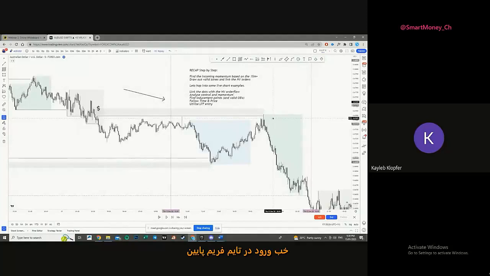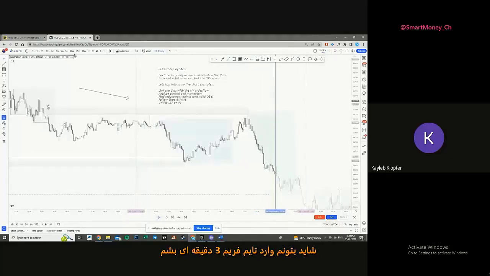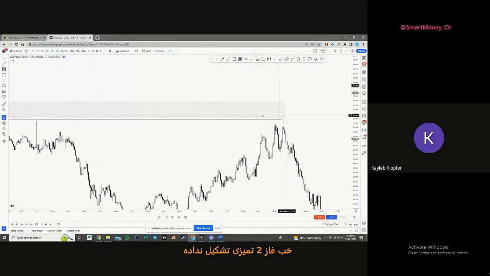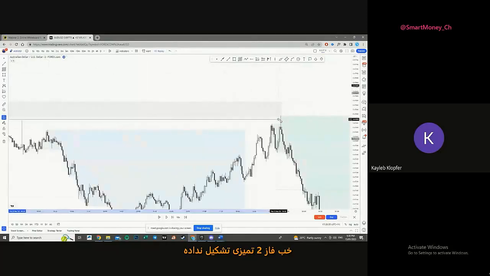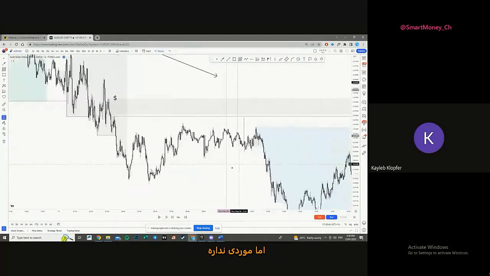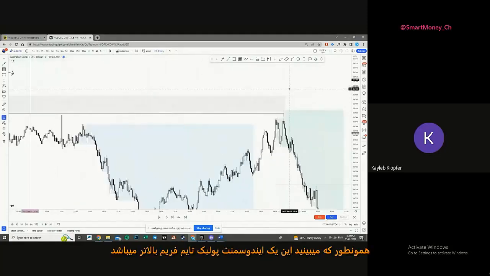Utilize our low time frame entry. We have our order block. We have our mitigation. Maybe I can go on the 2 minute. Yes, I can. So not a clear phase 2 here, but that's okay.